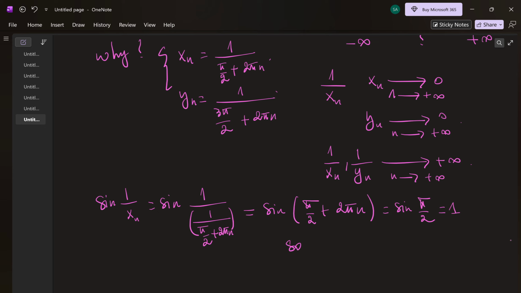So sine 1 over xn will converge to 1 when n goes to plus infinity.